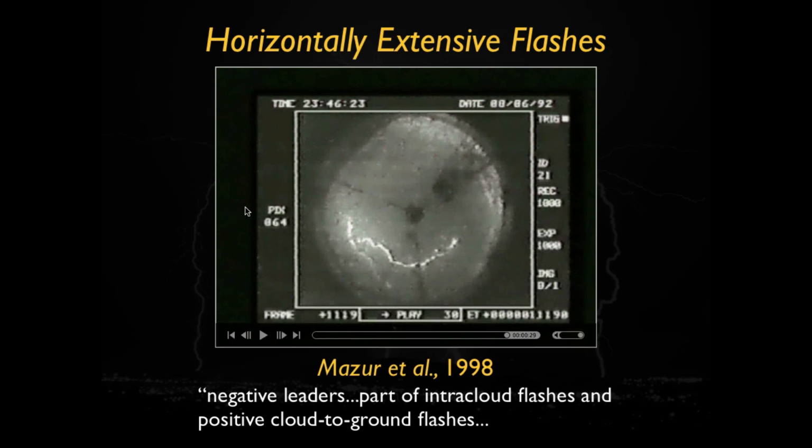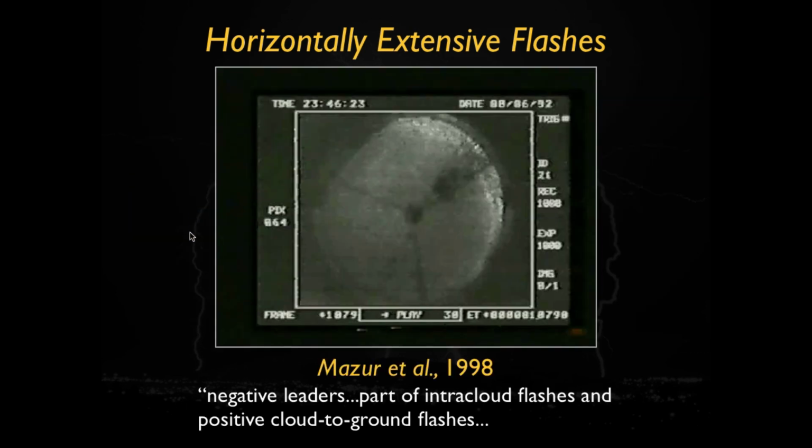So I do agree with their findings. I think that in this particular case, the visible leaders below cloud base were in fact negative leaders, and we have seen that here in the northern high plains on occasion, but not as often.